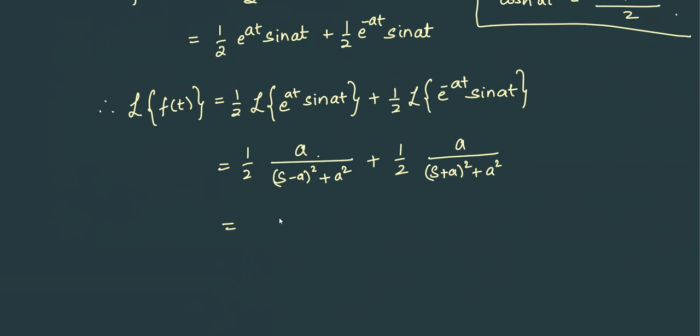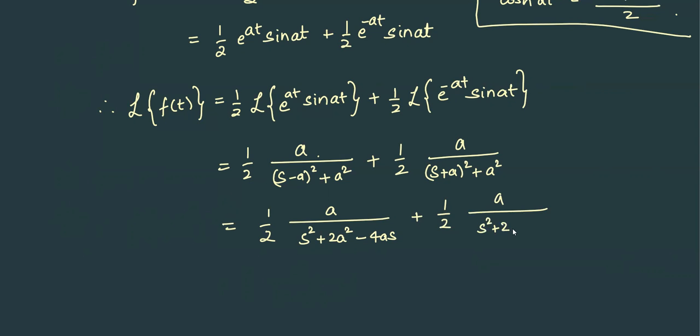This simplification is also important because while we do the inverse transform, we will come across this s square plus 2a square minus 4as, and s square plus 2a square plus 4as.